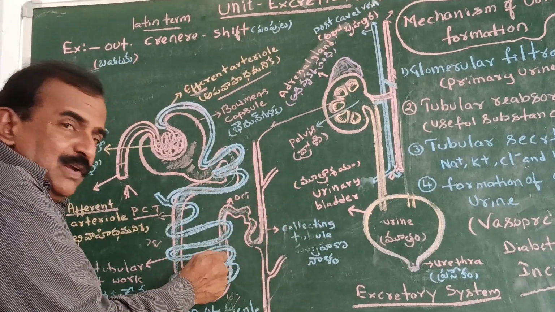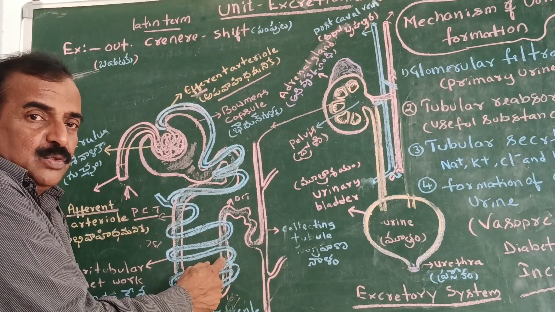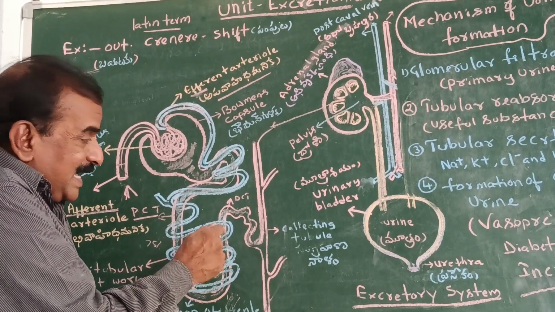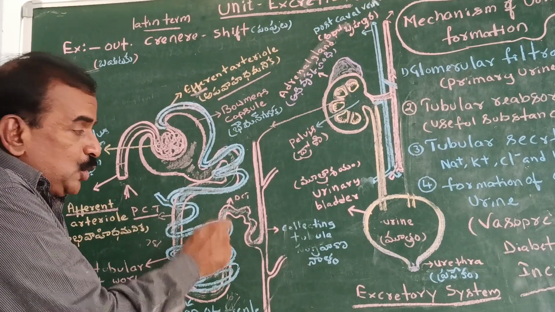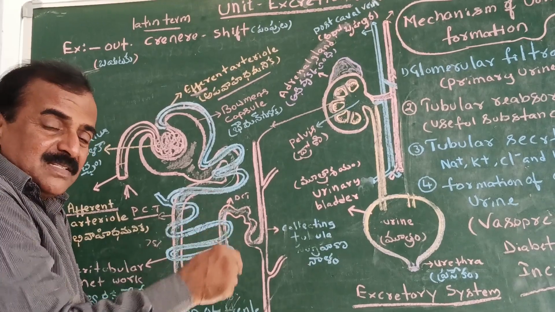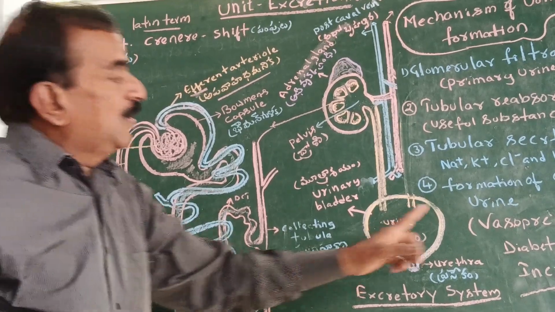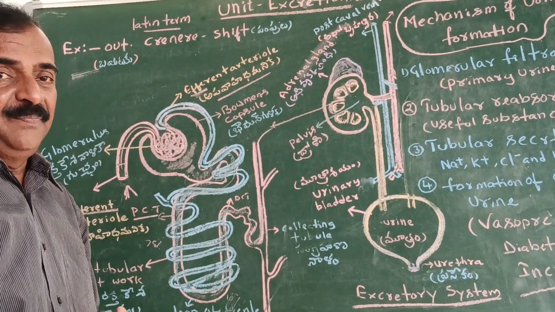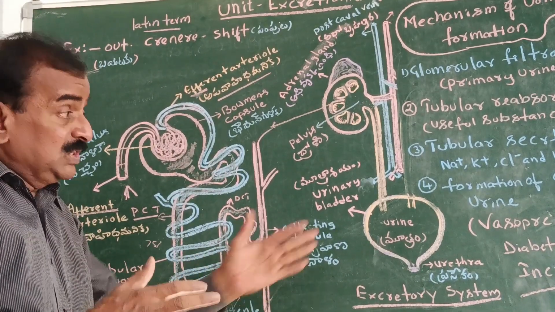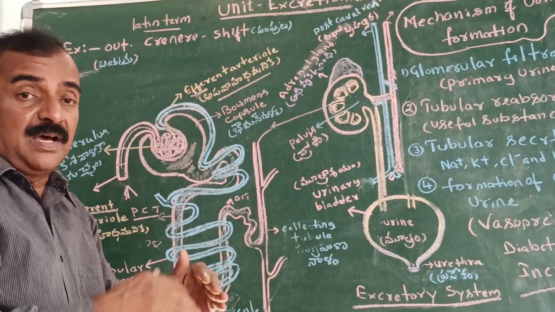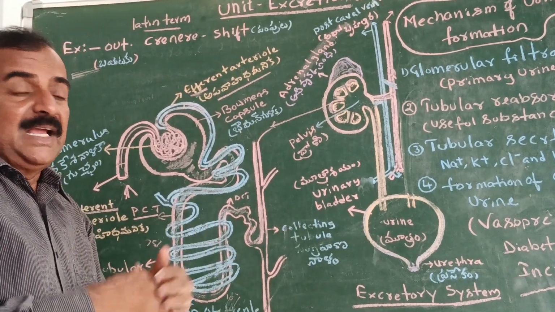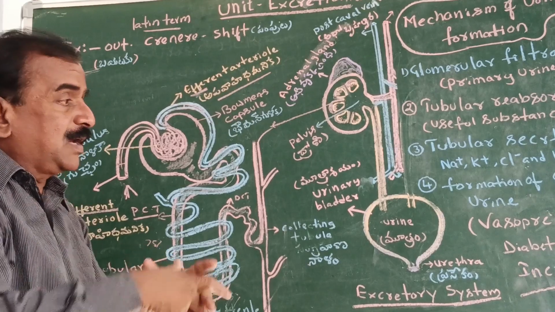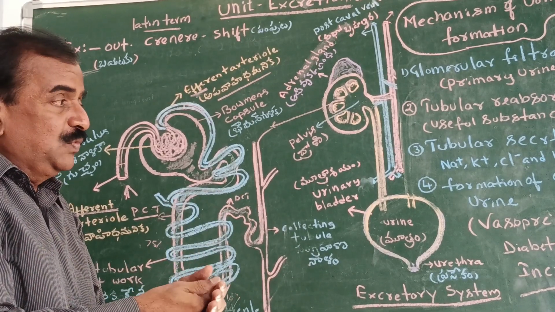And after that you see formation of concentrated urine in the distal convoluted tubule. So in the presence of concentrated urine, vasopressin hormone is released from the pituitary gland, and what is this vasopressin hormone useful for?